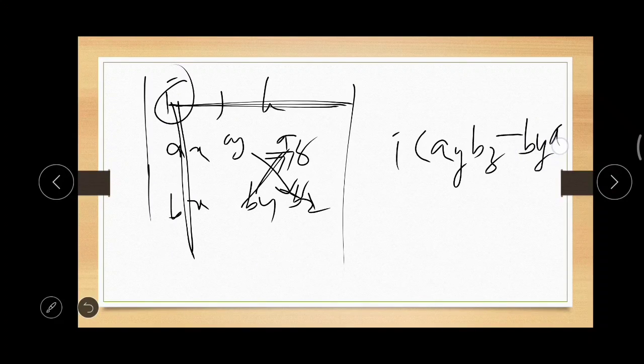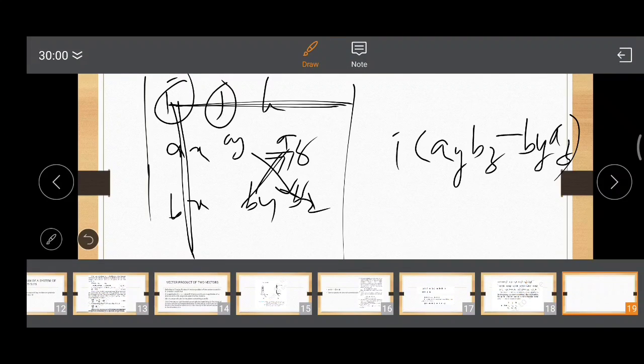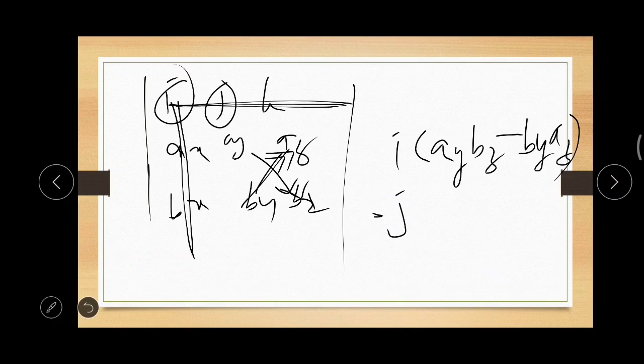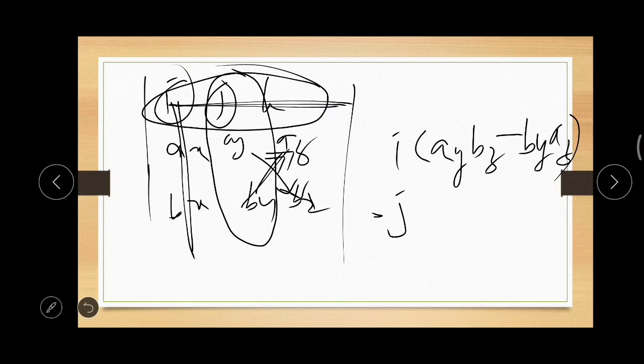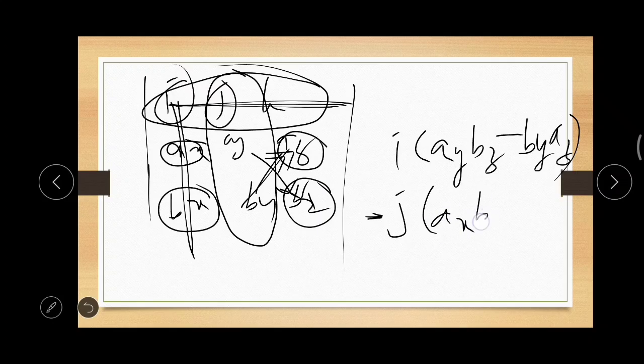So the i term is over. Now the next term, the second term, j. For j you have to write minus j. For j you have to discard the column and the row which contain j. Now the remaining terms will be Ax, Bx, Az, Bz. So minus j into Ax Bz minus Az Bx.